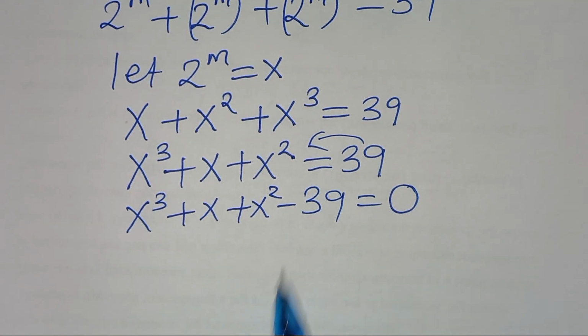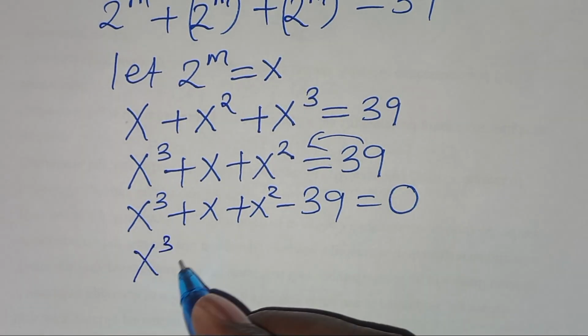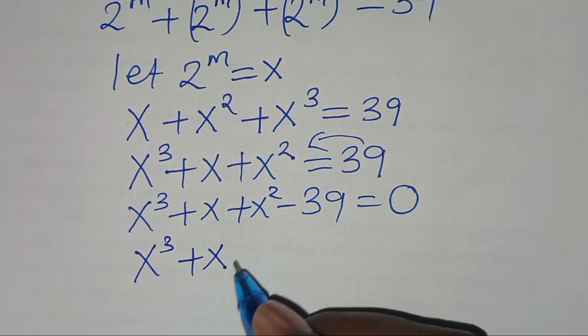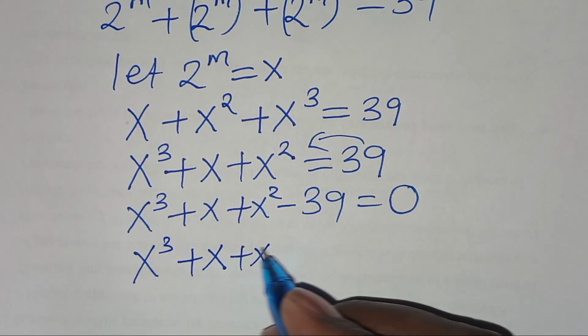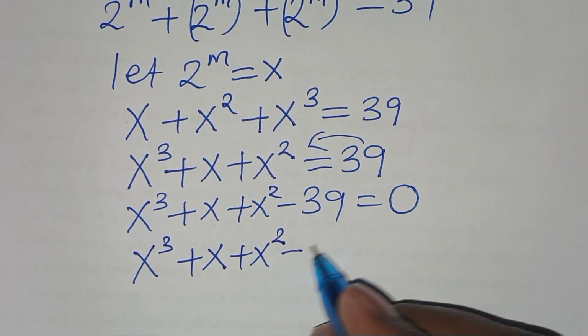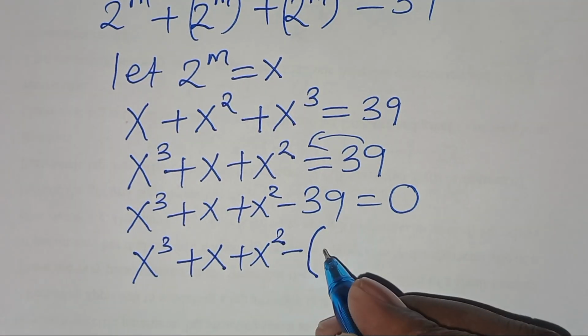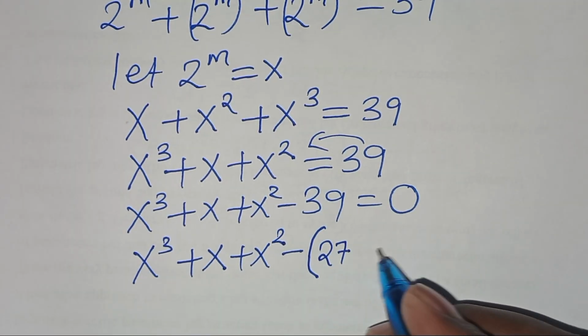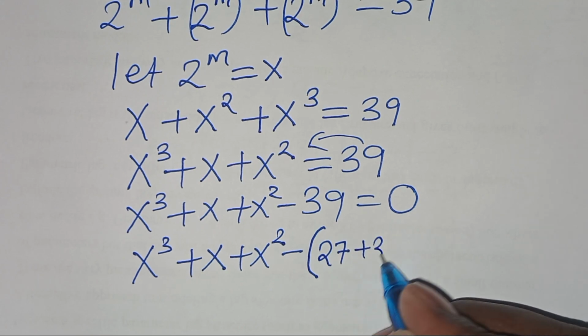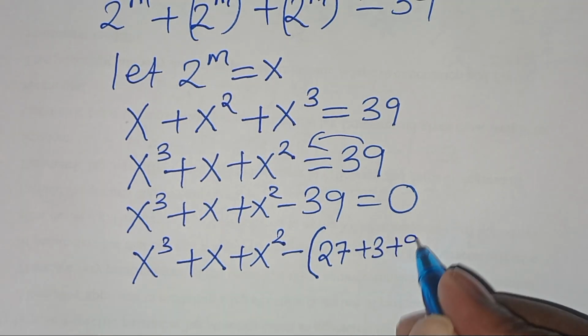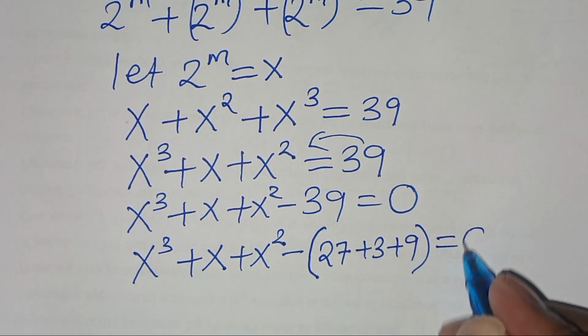The next step from here, we have x to the power 3 plus x to the power 2. Subtract 39. We can express 39 as 27 plus 3 plus 9. This is equal to 0.